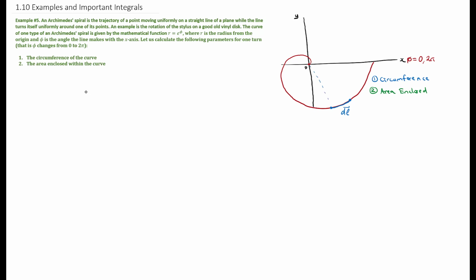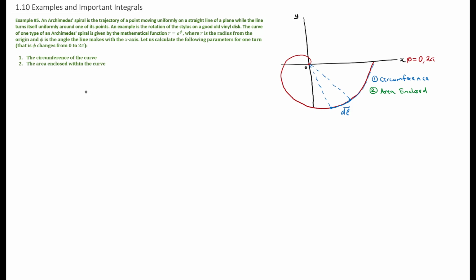And that means it's going to form a wedge. By being able to determine this, we should be able to figure out what dL is and then just add up a whole bunch of dLs to get our total path taken, or the total circumference. So that seems to be a good approach for number one.